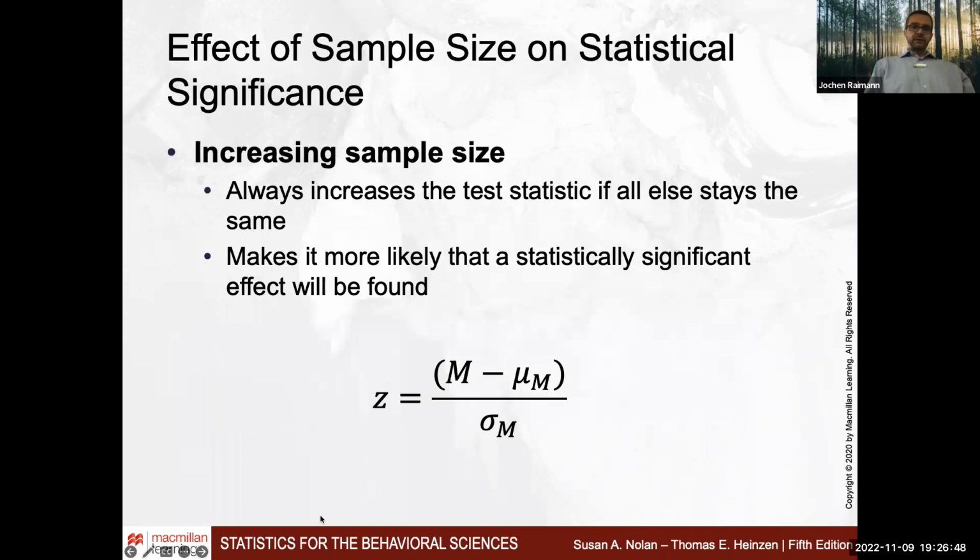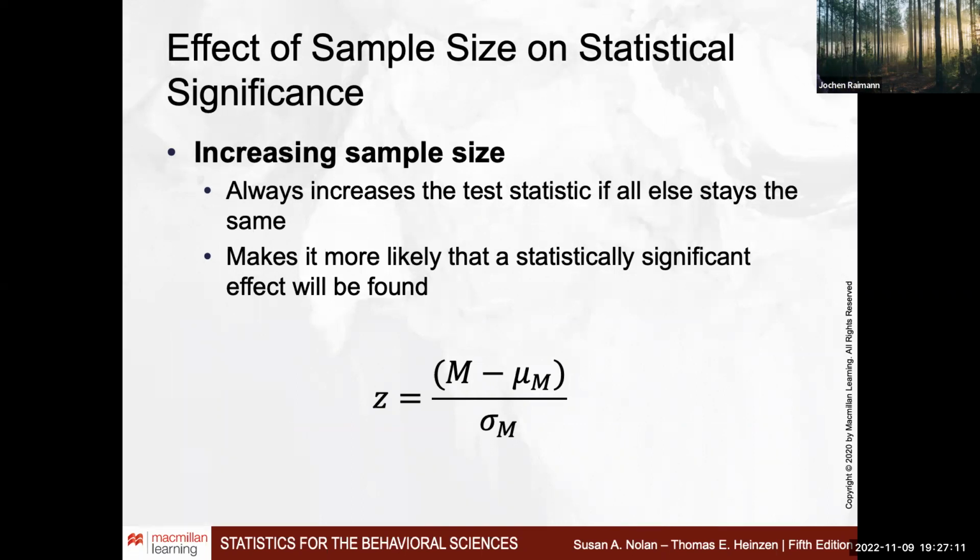Calculation, we know this is basically the Z score calculated by the difference standardized by the standard error of the mean. The problem with this, and I cannot emphasize this enough, is that you get a larger estimate of the standard error of the mean by a larger variability in the population or by a smaller sample size.